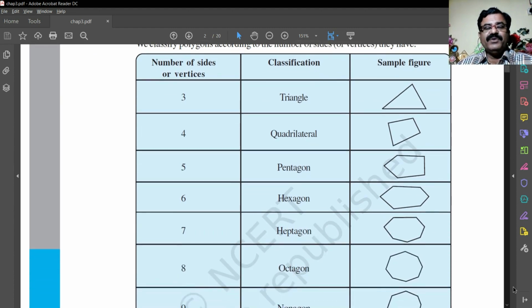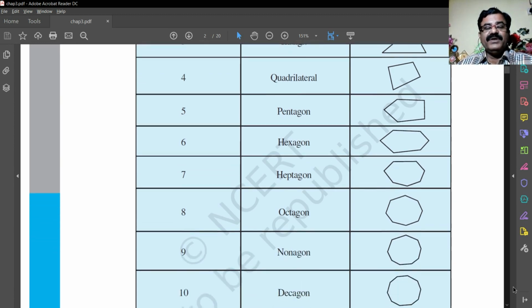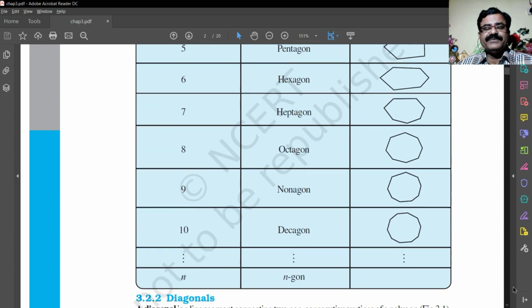Heptagon, made of 7 line segments. Octagon, made of 8 line segments. Nonagon, made of 9 line segments. Decagon, made of 10 line segments. Likewise, you can take n line segments and we obtain an n-gon.